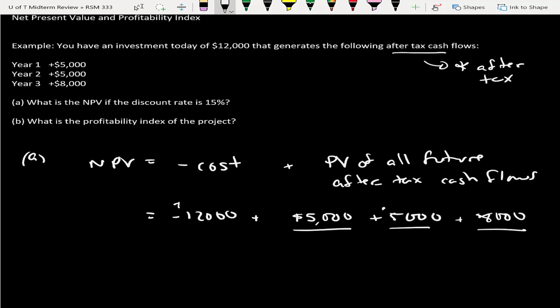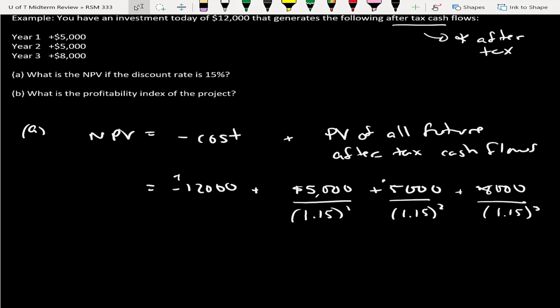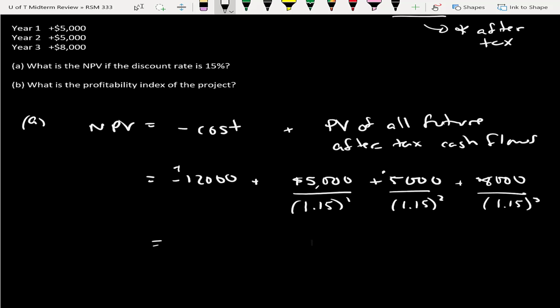So we divide them by 1 plus the discount rate, so 1.15, to the power of the year that you're looking at. So in the first year it would be 1, second year is 2, and third year is 3. So remember, the last one I did multiply by 1 over 1.15. In this case, I'm just dividing. It's the same thing mathematically.